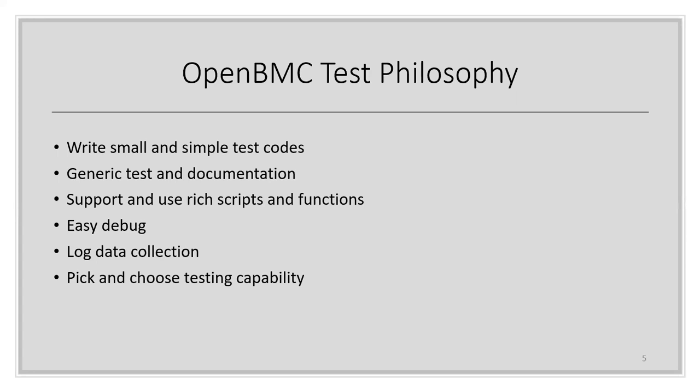We support the use of rich functions and scripts in the automation, and easy debugging is one of the pain points: when we see a failure, we want to know immediately what has failed and why it has failed.